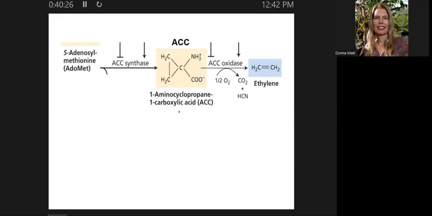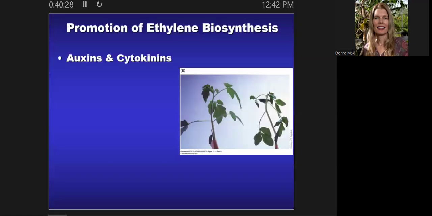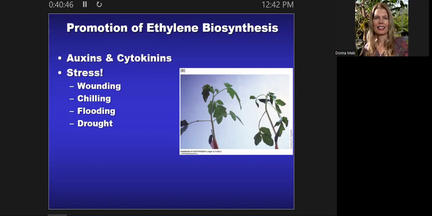So again, ethylene is promoted by auxins and cytokinins. And so again, if you have auxins and cytokinins, often you'll see ethylene ramping up as well. So then you have three hormones coming into play. And I'll get into this more when we get into some of these abiotic pressures on the plant.